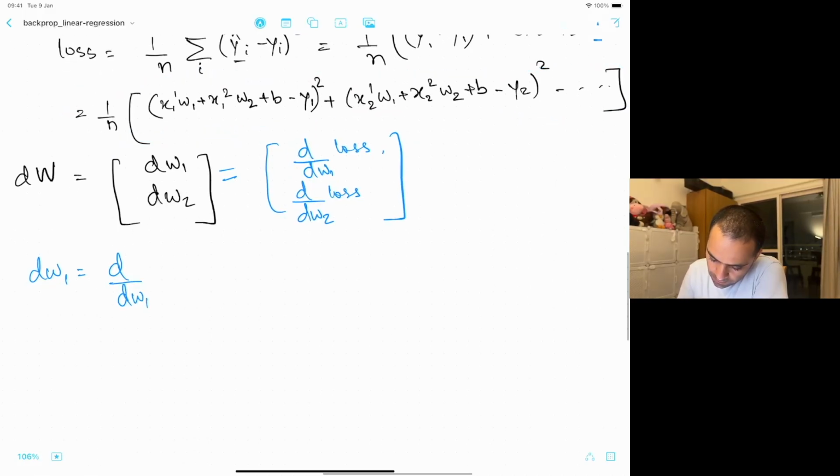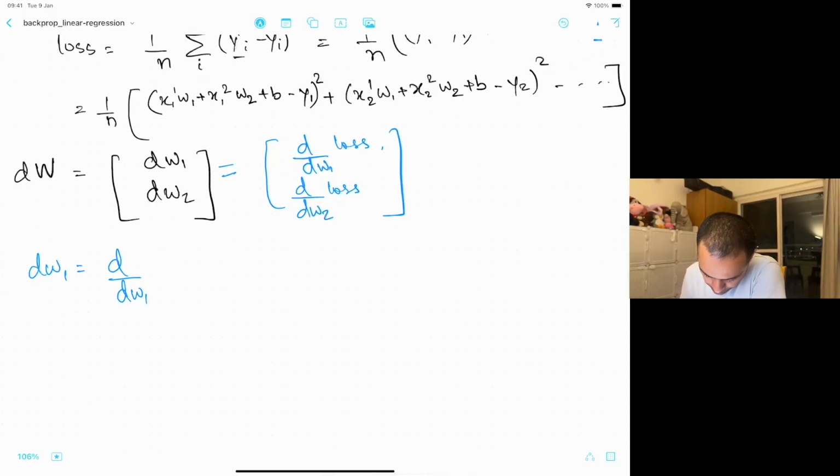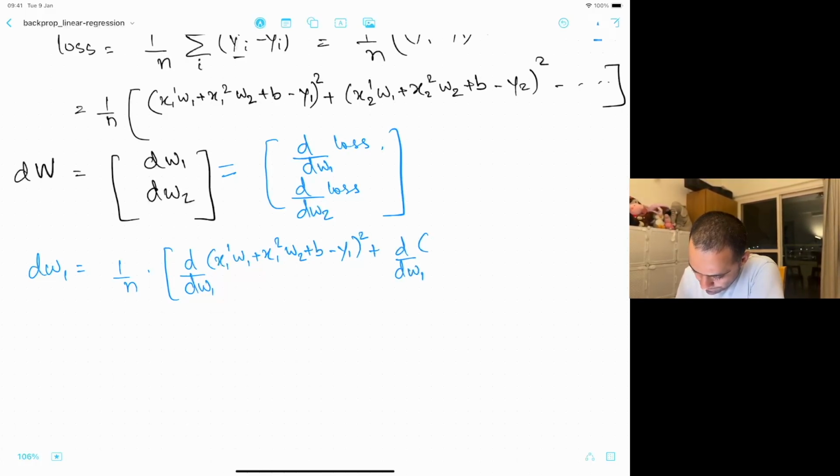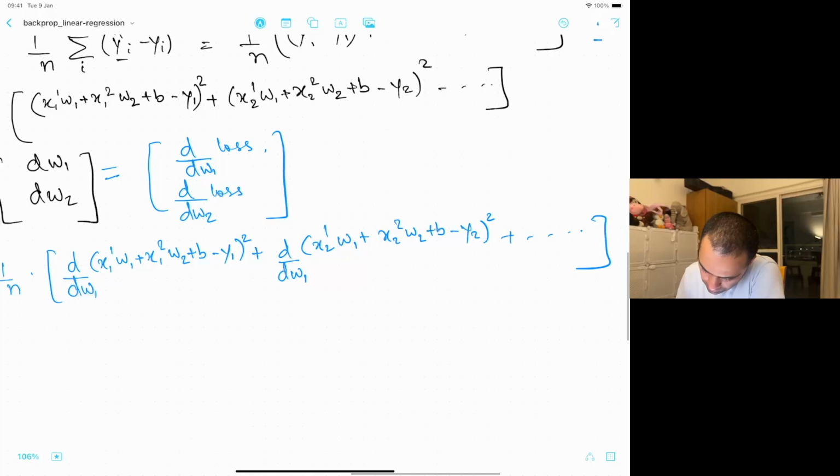So 1 over n comes outside, or let me rewrite it properly. 1 over n times d over dw1 of (x11 w1 plus x12 w2 plus b minus y1) squared, plus d over dw1 of (x21 w1 plus x22 w2 plus b minus y2) squared, and so on.